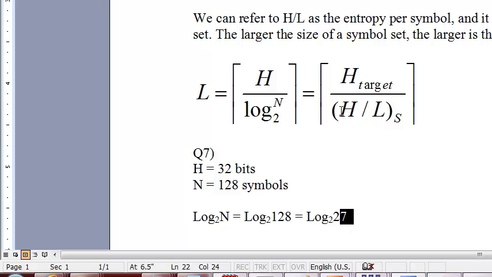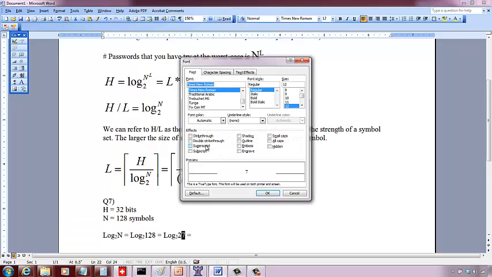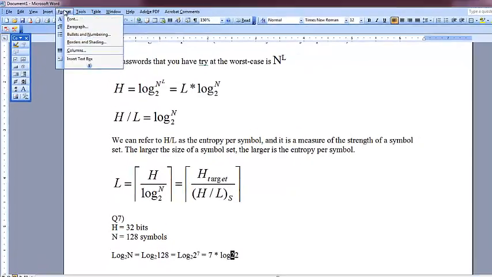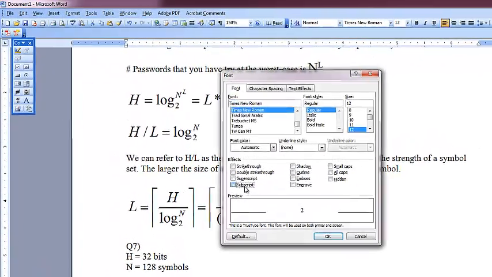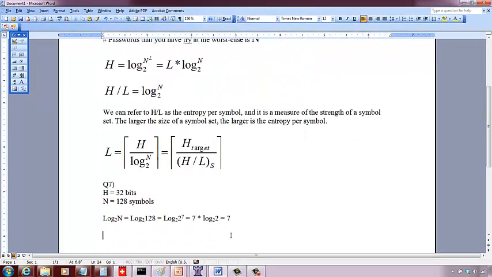So I can write this as 7 times log 2 to the base 2. This is a property that everyone is supposed to know from logarithms, so that I can simplify this, and this is equal to 7.